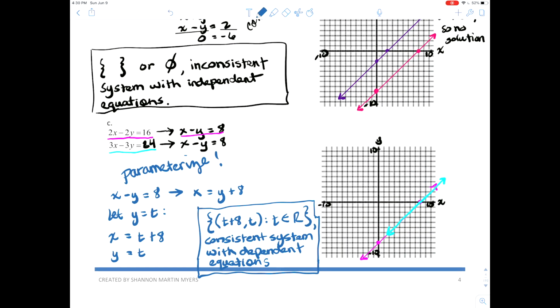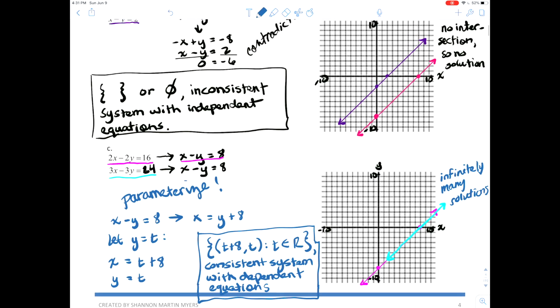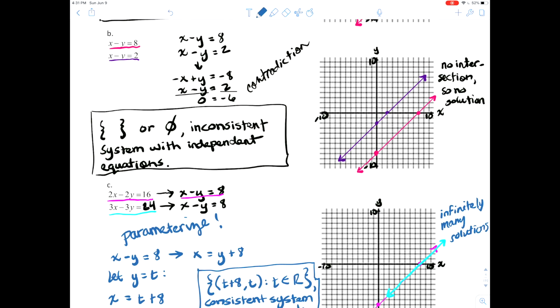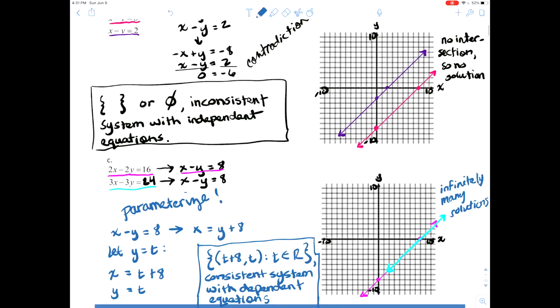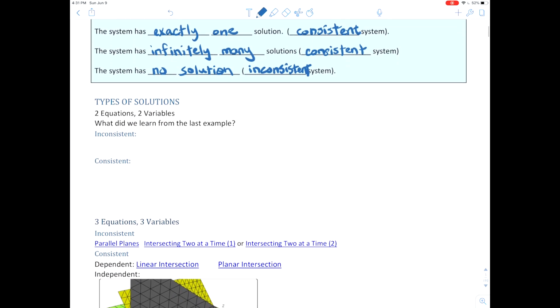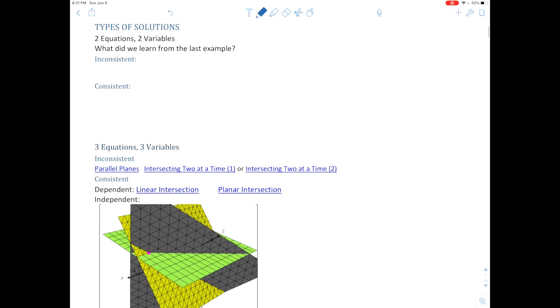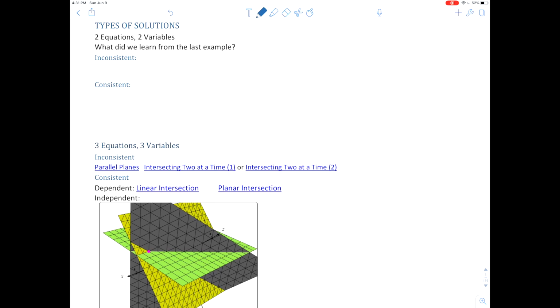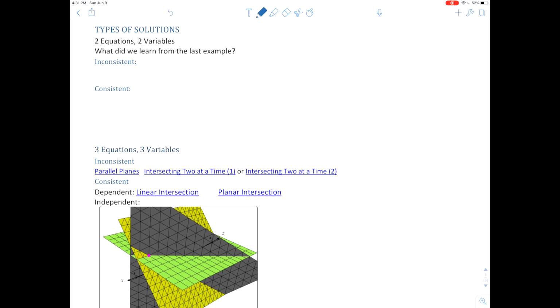The last one has infinitely many solutions. And remember, we said that was consistent. And the second one, no solution, no points of intersection. Okay, so you've gotten a visual of R2 for the different types of systems.